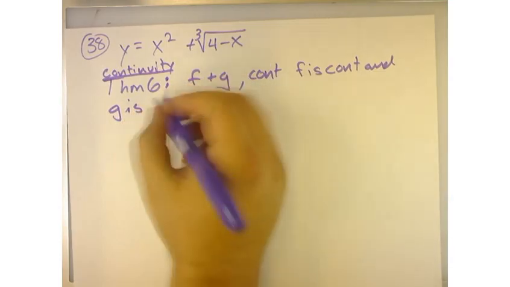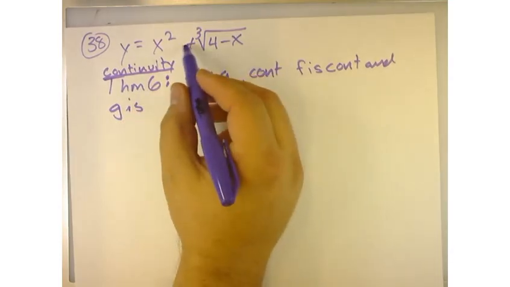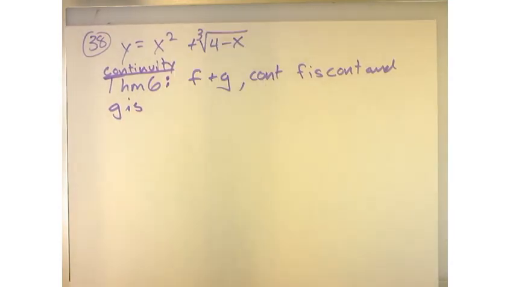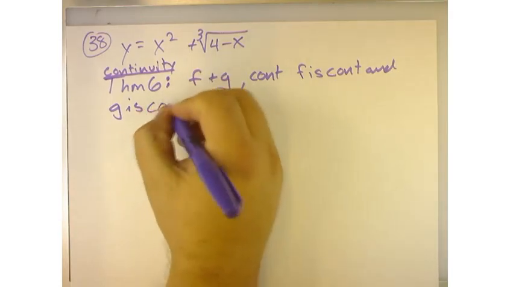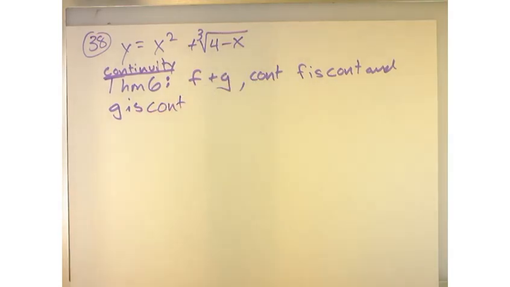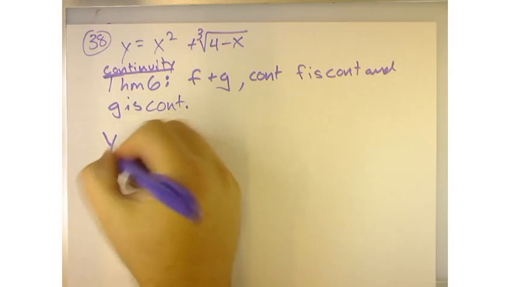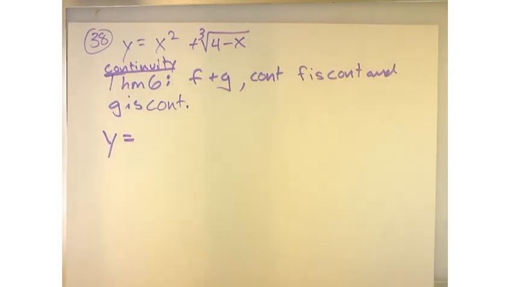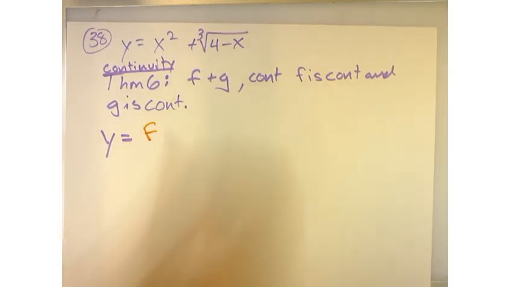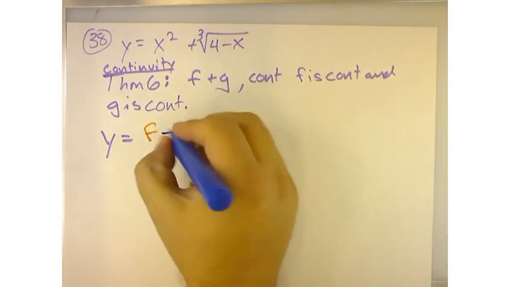So if I separate, and the reason I went with that is, notice it's the sum of two functions, all right? So g is also continuous. Now, if that's the case, I could say that y is equal to f plus g.